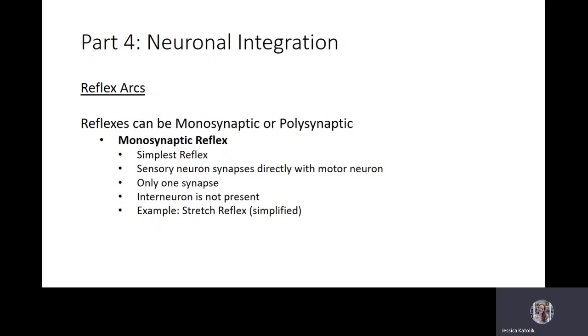So I'm going to show you the stretch reflex to illustrate a monosynaptic reflex. I want you to know that this diagram is a little bit simplified. Later on, when we get to neural integration, I'm going to show you a more complex diagram of the stretch reflex.